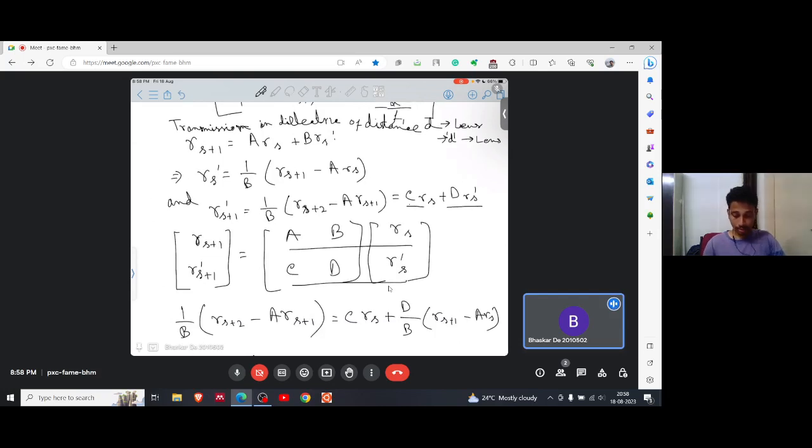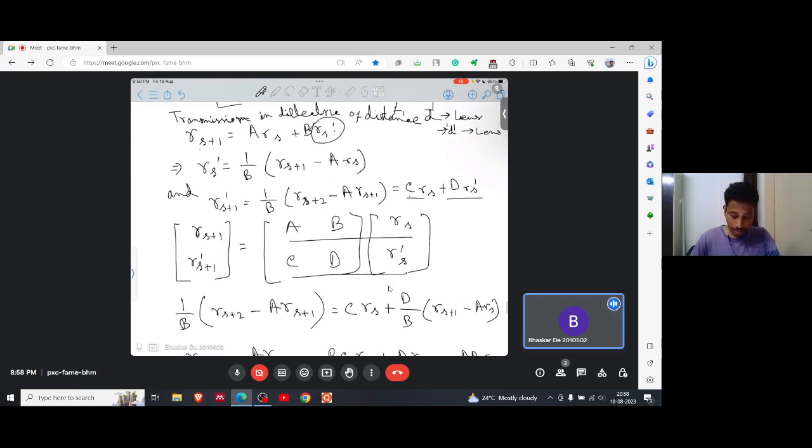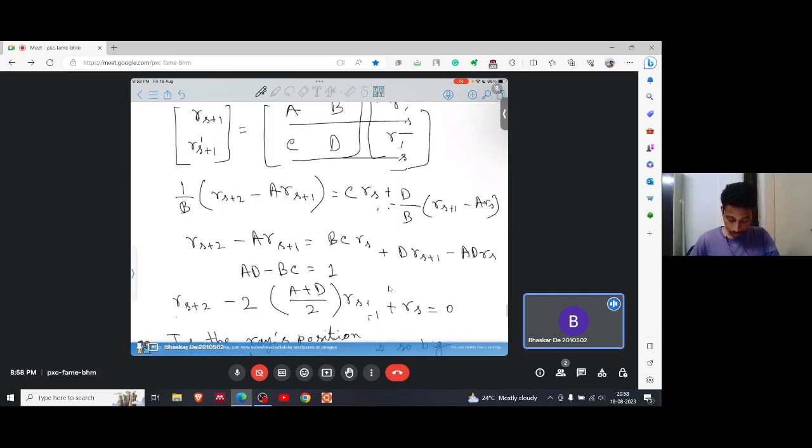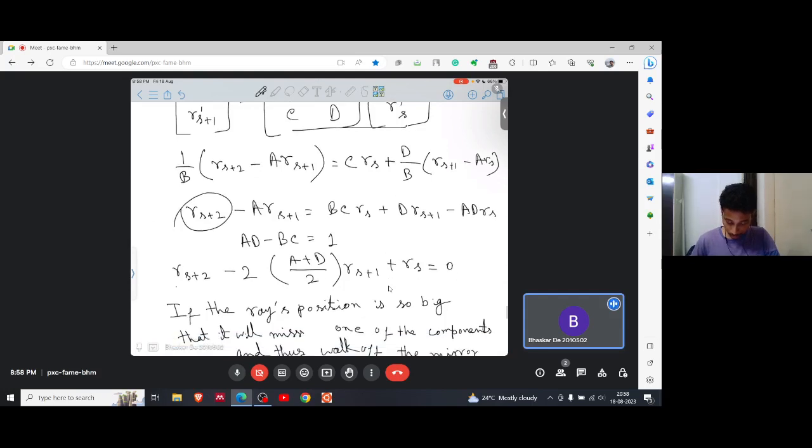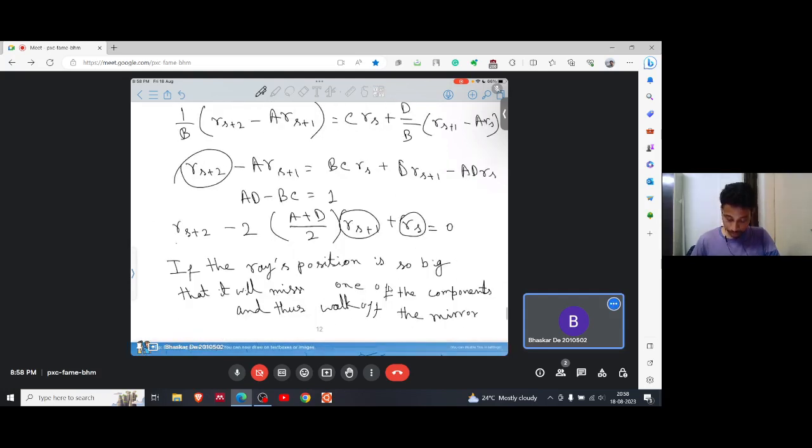As there are multiple reflections from the mirrors in the optical cavity, we cleverly use those equations where we have written the s plus 1th position in terms of the s position and s slope, and then we replace that R s dash and get R s plus 2 in terms of R s plus 1 and R s.